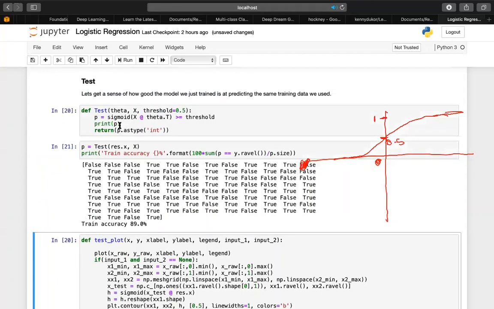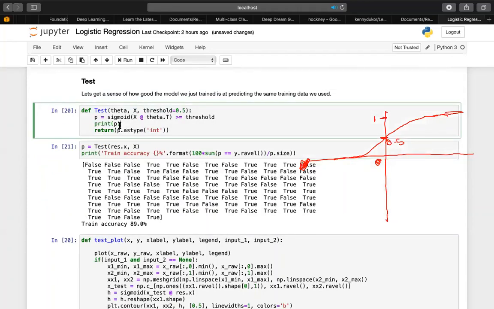We need this to find the accuracy of how well it predicted. Just to mention, we are testing against the same training set. Ideally, you shouldn't do that. You should do your test on some other data sets that you did not use for training, but because we have a small amount of data, that's why we're still using it for testing.